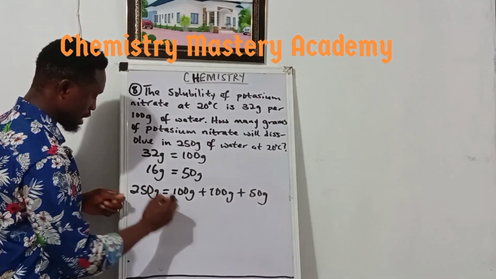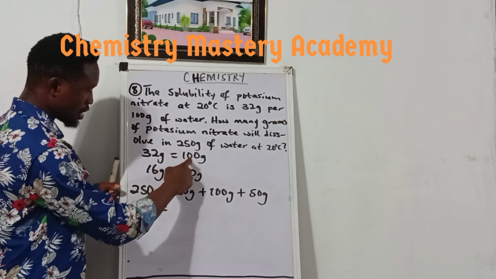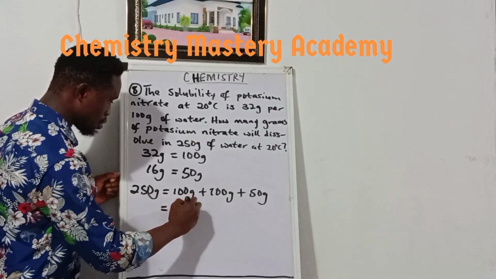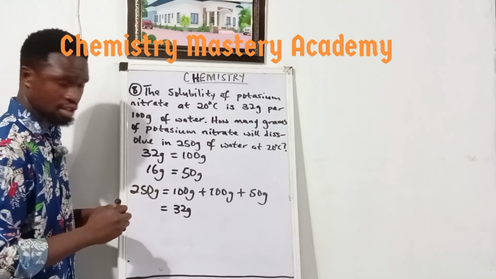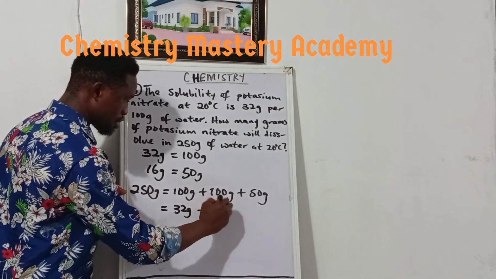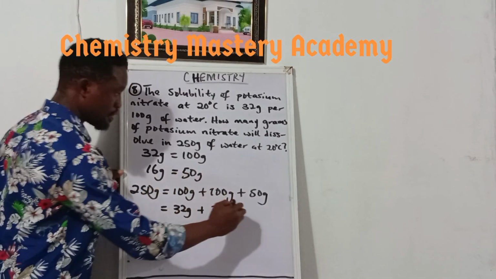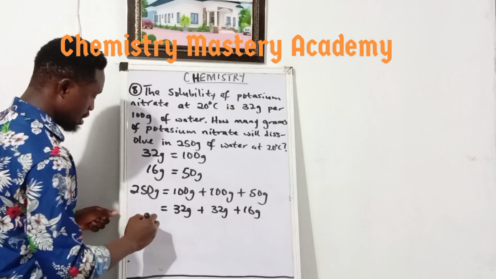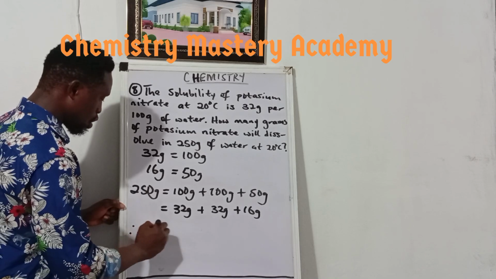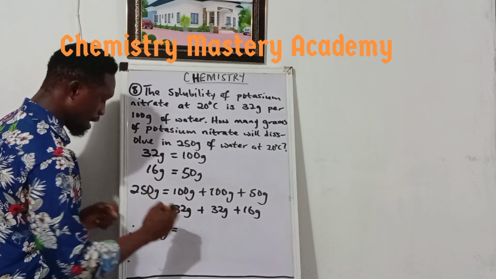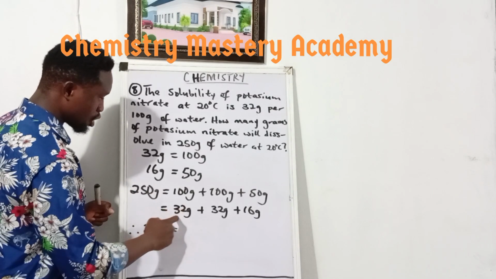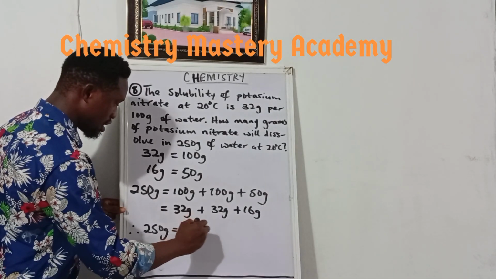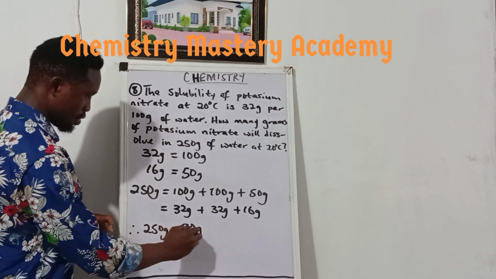And we know that in 100 grams, we have 32 grams dissolving, is it not so? So in 100 grams, we have 32 grams of potassium nitrate dissolving, plus 32 grams dissolving, plus 16 grams of potassium nitrate dissolving. So in 250 grams, how much potassium nitrate will dissolve? 32 plus 32 is 64, and 64 plus 16 is 80 grams.